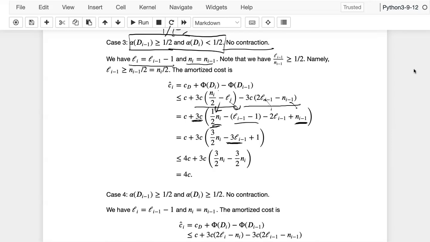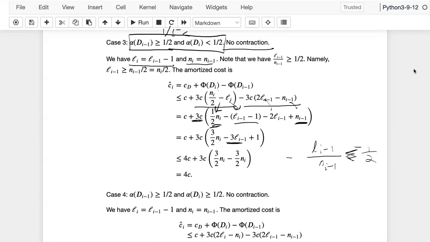Okay, so here we know that L_{i-1} before deletion, which we assume is greater than or equal to 1/2. So the negative becomes less than or equal to 1/2.